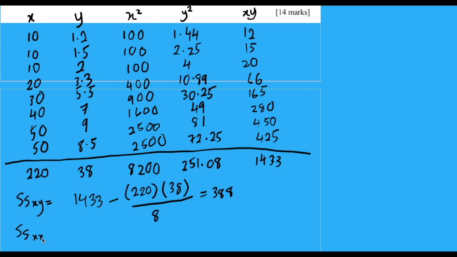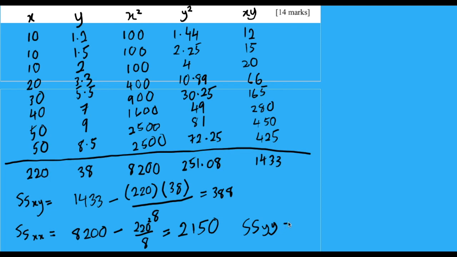SSxx would be summation of x squared, which is 8,200, minus summation of x, 220 square over 8, and this gives us 2,150.